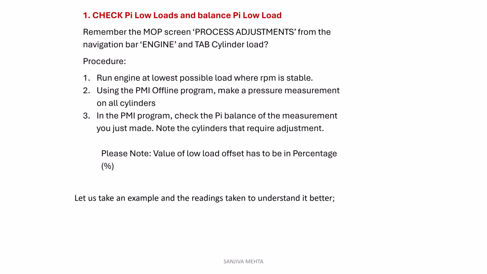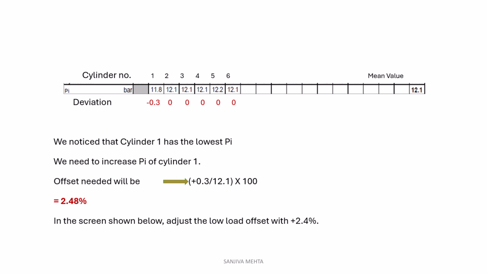All right. Remember that the offset has to be in percentage. Now, let's say these are the values. Number one cylinder 11.8, number two 12.1, 12.1, 12.1, 12.2, 12.1. Mean value becomes 12.1.